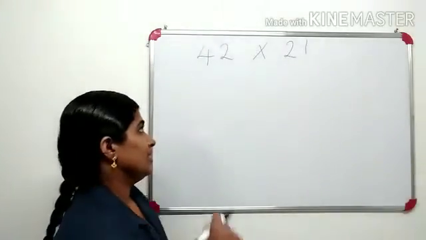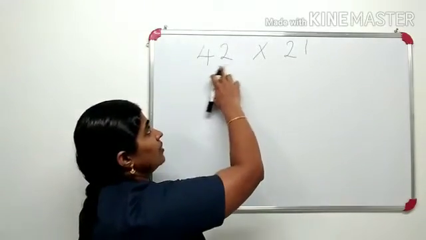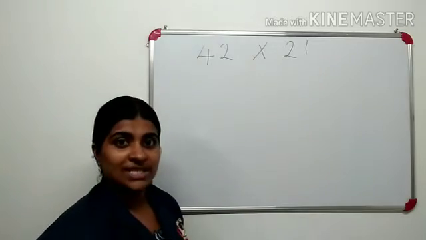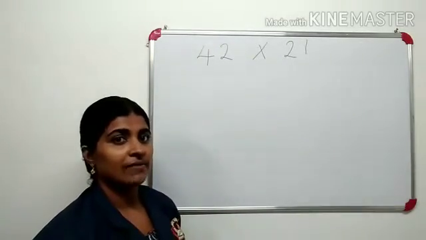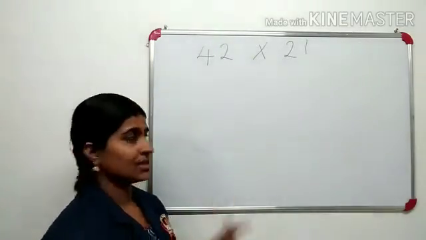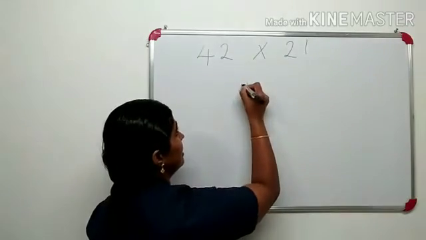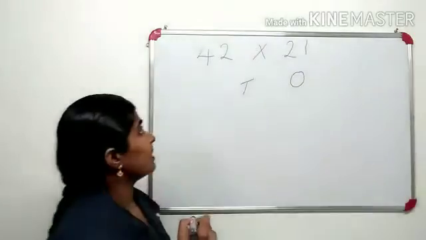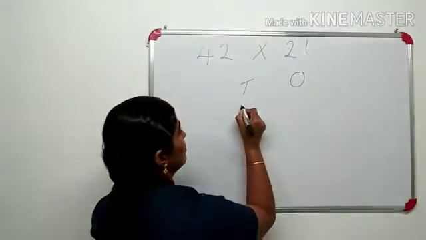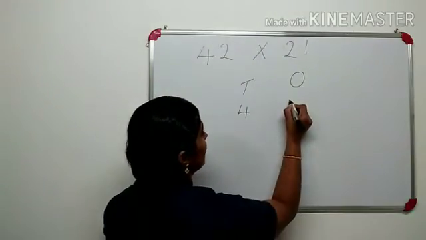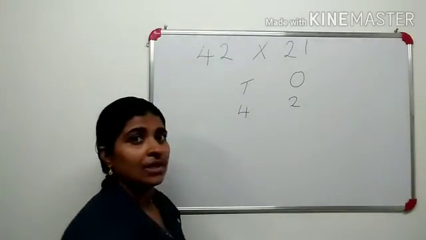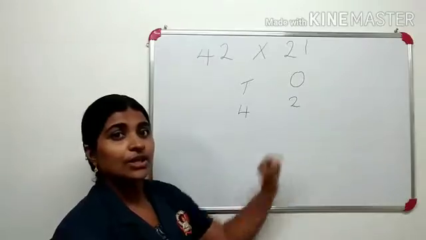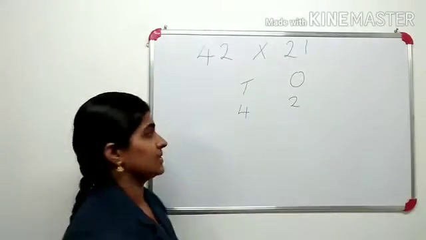So our multiplicand is 42 and our multiplier is 21. Both the numbers have 2 digits, so our places are tens place and ones place. We are arranging 42 in the place value chart, that is 4 in tens place and 2 in ones place.